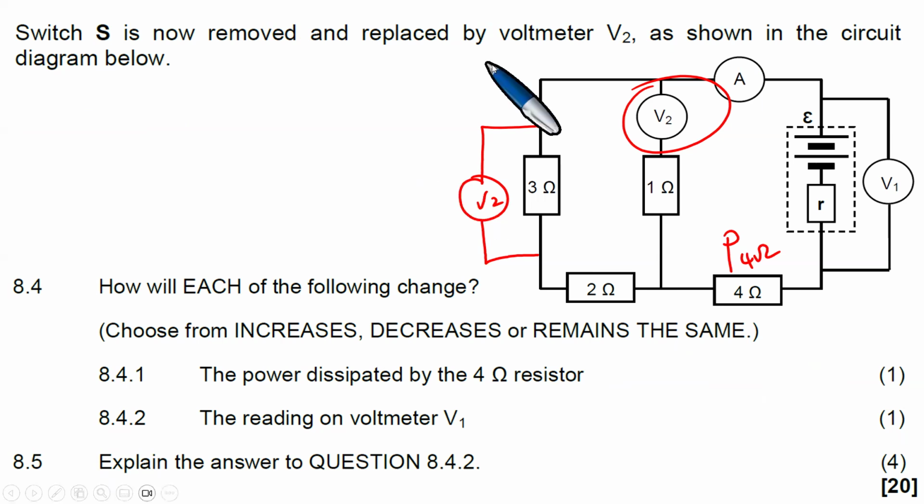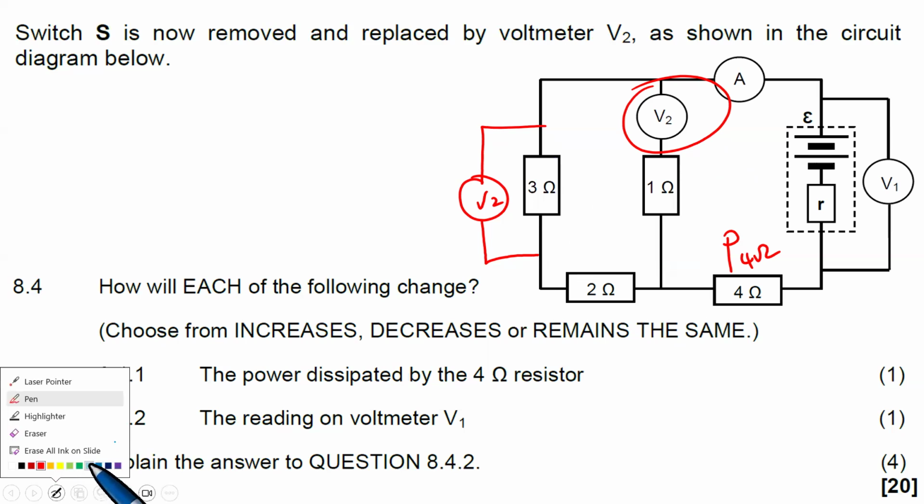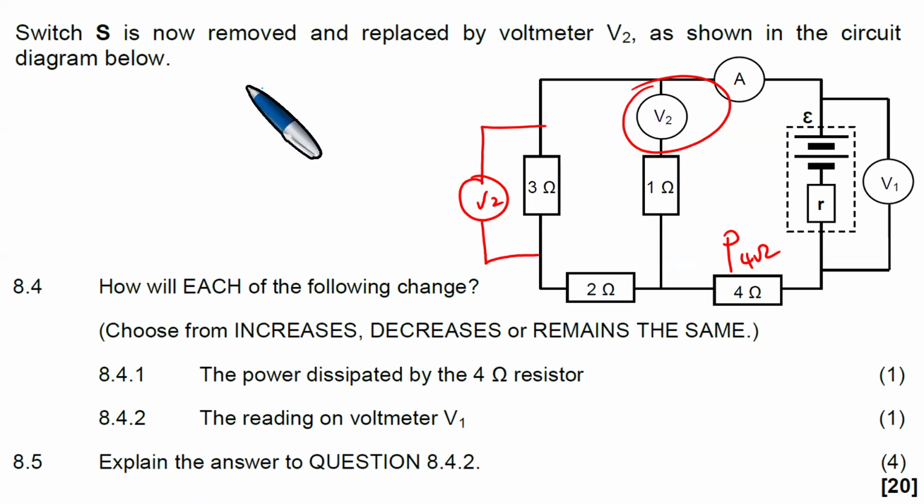Okay, let's see what Noah is thinking there. That's fine. You think increase. Remember that this one is like a resistor, because V2 has very high resistance.